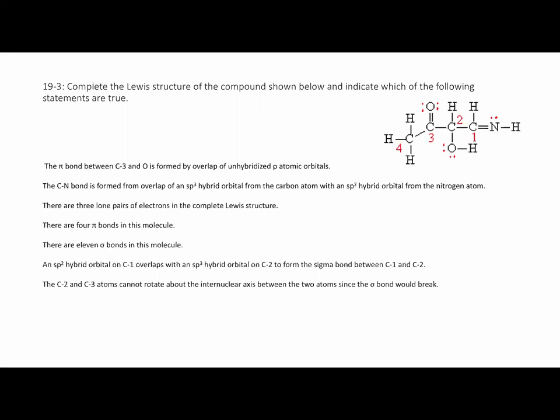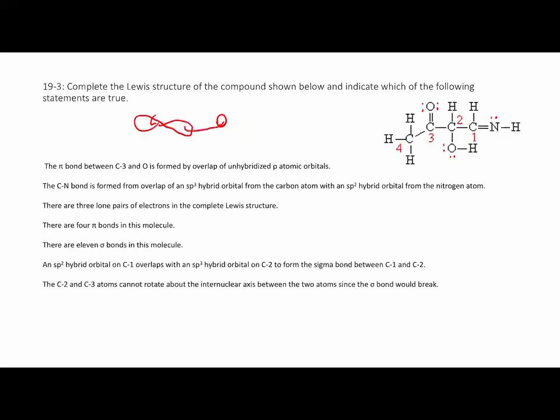So first, the pi bond between carbon 3 and oxygen is formed by the overlap of unhybridized p atomic orbitals. So it's important to remember that a double bond always consists of one sigma bond.